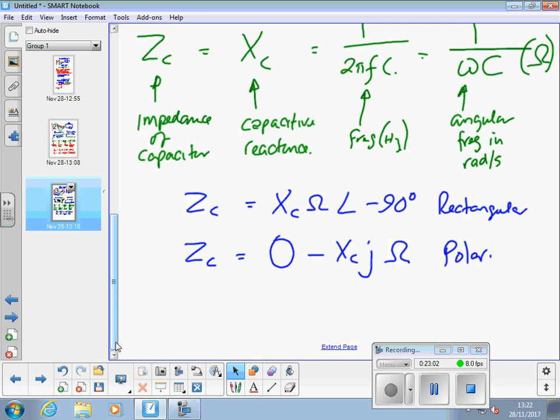Again, it's not possible to have a purely capacitive circuit because we've got the resistance of the wires, the plates that make up the capacitor, and so on to consider. So having pure inductance or capacitance is not something that we can actually have in any circuit. And in fact, absolute pure resistance is difficult to achieve.